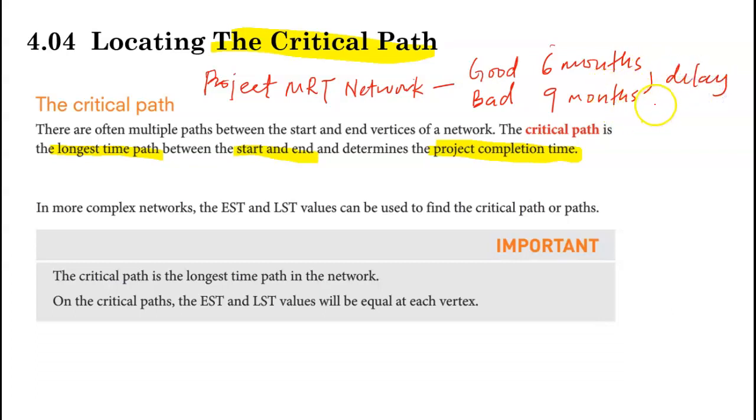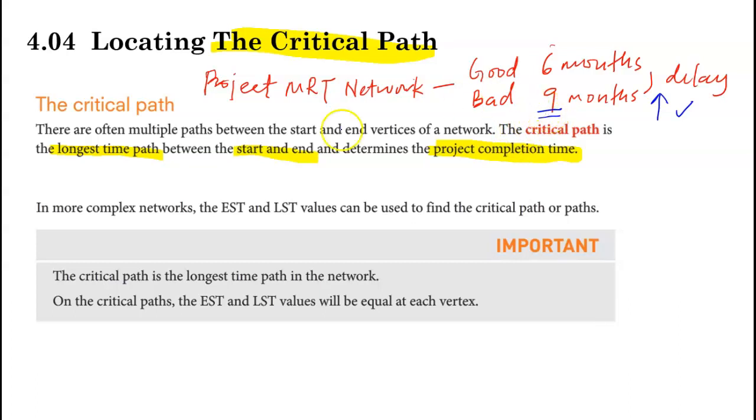So in this case, when you are tendering for a project, you will always go for the highest value. So therefore, this is the one that you will use to tender for the project. Because as a company, you don't want to pay any penalty for any delay.